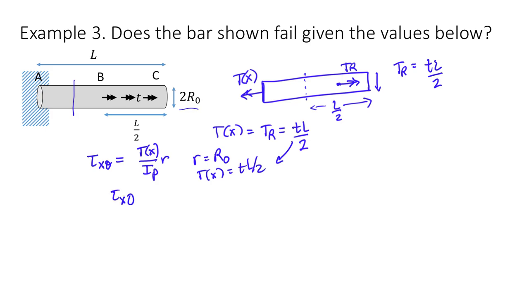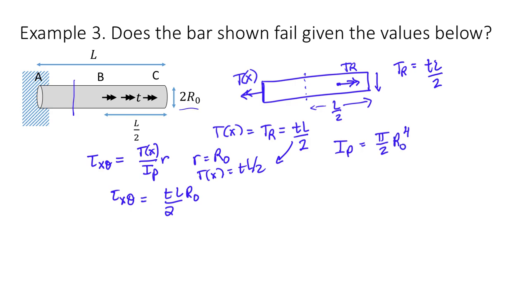We say tau x theta is equal to tL over 2, and we have an r naught at the top, and then we realized we also have to get IP, which is pi over 2 r naught to the 4th.